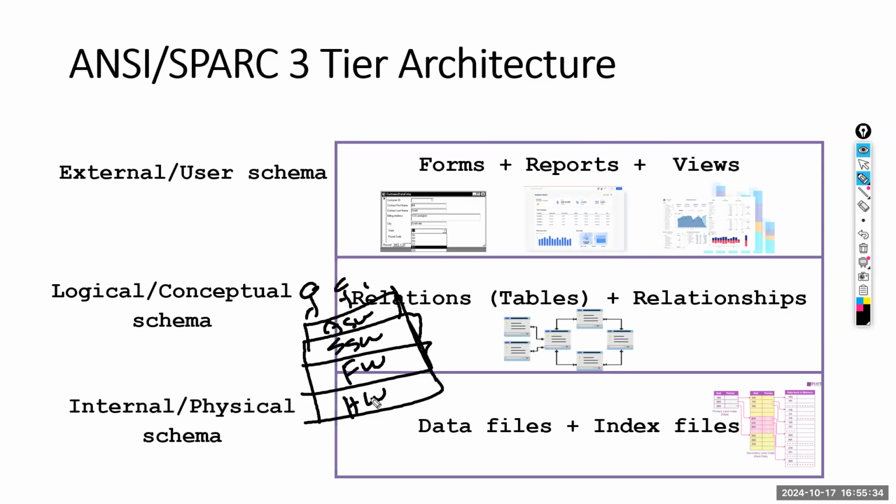Lower layers support upper layers. Hardware supports firmware, firmware supports system software, mainly the operating system. On top of the operating system you have the application software, and on top of the application software, people use it.